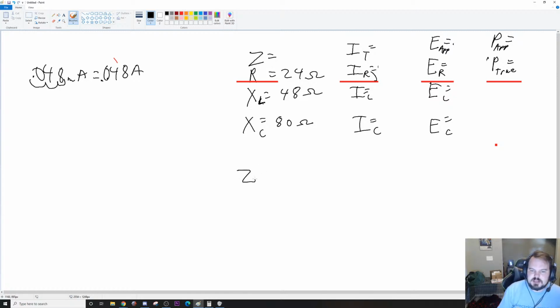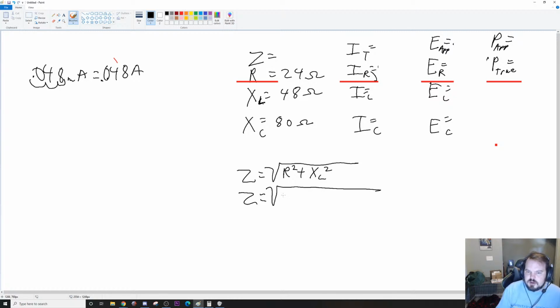Z equals the square root of R squared plus XL squared, or Z equals the square root of R squared plus XC squared.